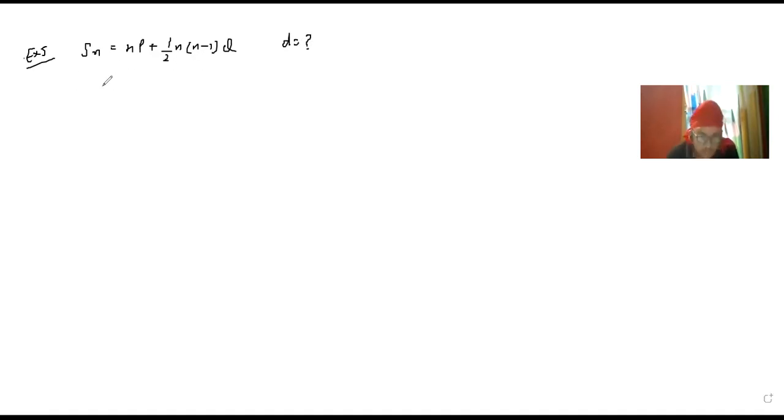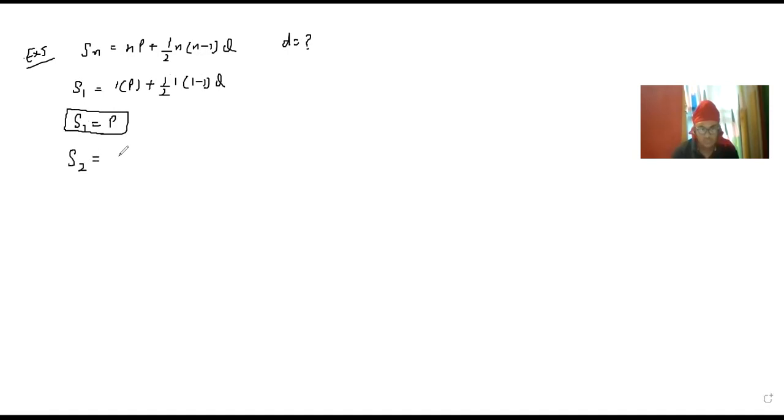Now the sum of n terms is given, so the first term is S1, which is 1 times p plus 1 by 2 times 1 times (1 minus 1) times q. So my S1 is p, so the first term is p.